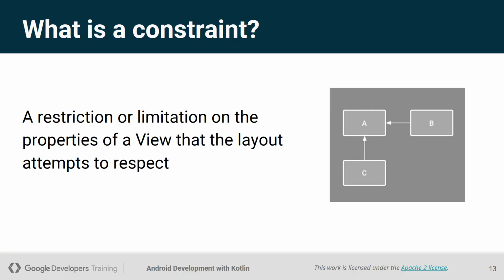What is a constraint? A constraint, we always say, is just a restriction or a limitation on the properties of a view that the layout attempts to respect.